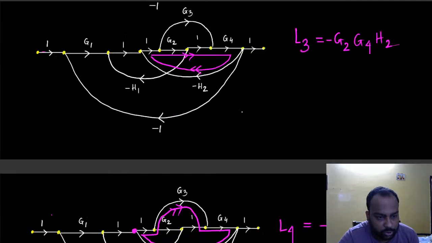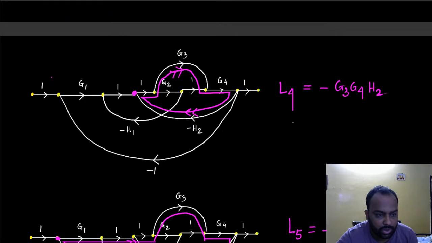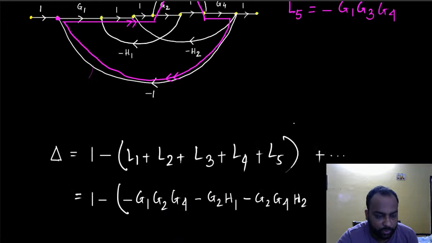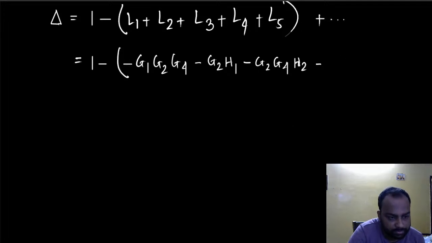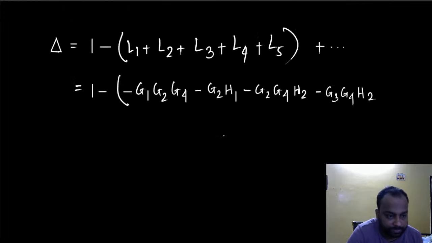L3 is minus G2G4H2. What was L4? Minus G3G4H2. And what was L5? Minus G1, G3, G4.